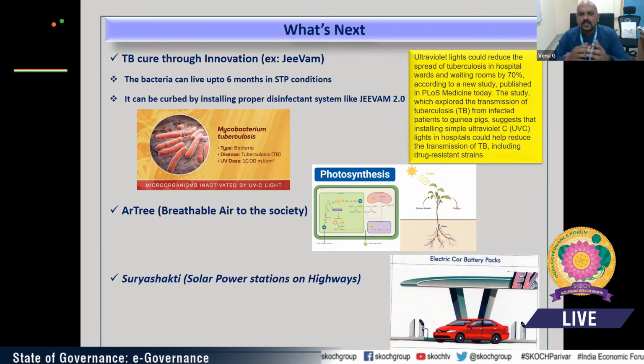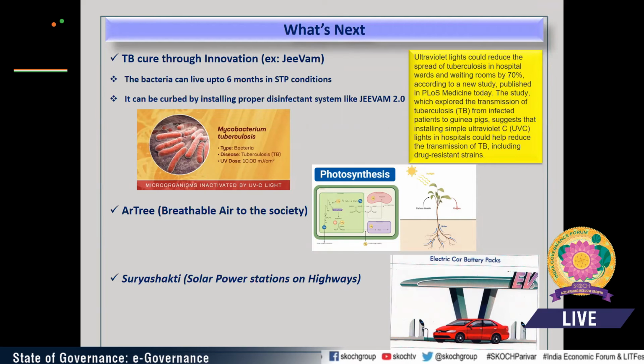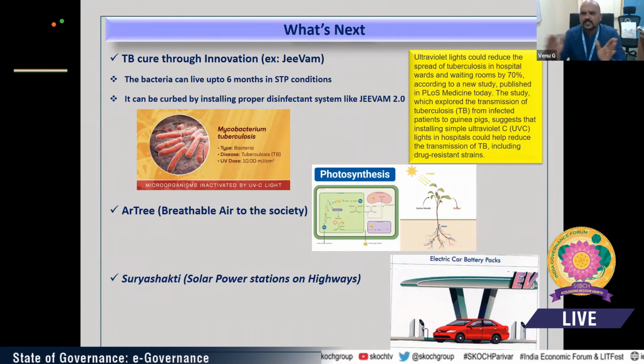And one more thing: now it's the era of electric vehicles, but the range, if you take a car, is a maximum of 550 or 600 kilometers for a 100% charge. On highways, we need such kinds of stations. So how can we do that?